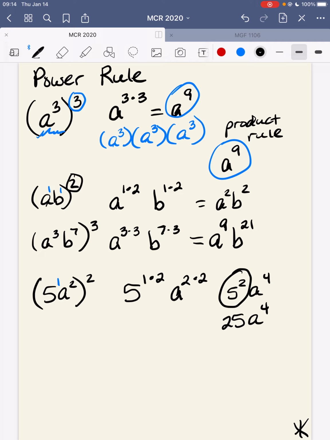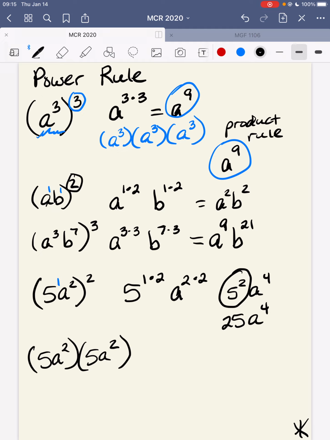To help you go see this just a little bit better, I'm going to go ahead and use the product rule instead. So instead of using the power rule, I'm going to go ahead and take my 5a squared, and it's squared, so I got to multiply it by itself 2 times. Now it's a lot easier for me to see that 25 coming from the 5 squared.